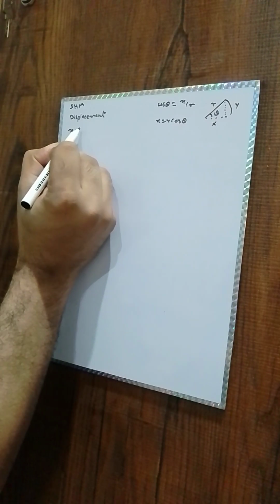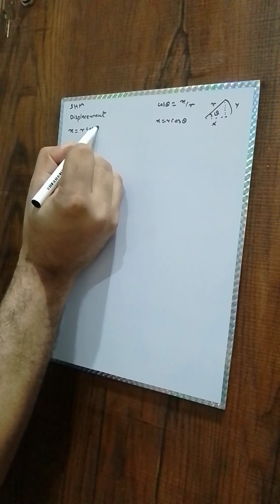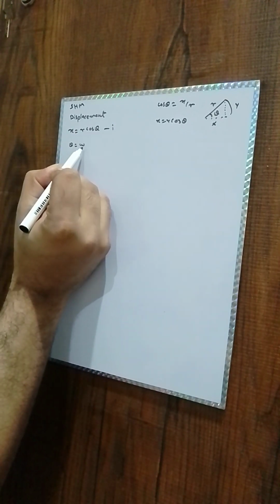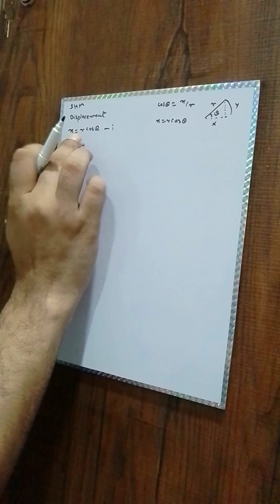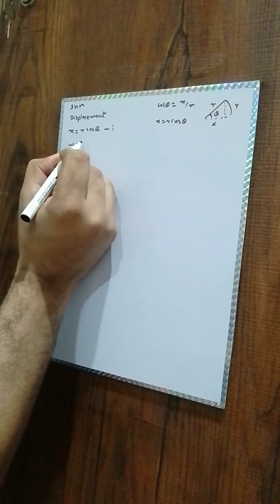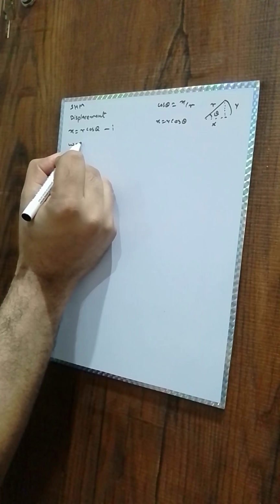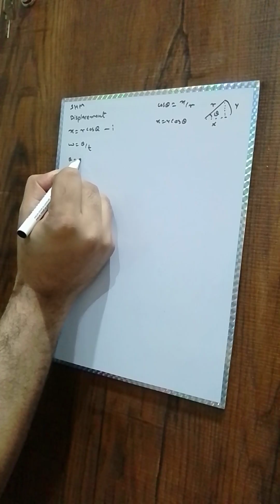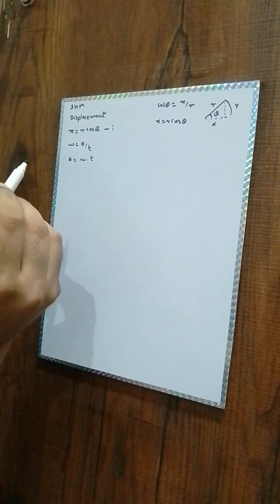And as we know that x is equal to r cos theta, and we know that omega is equal to theta by t. So for theta we have omega dot t.